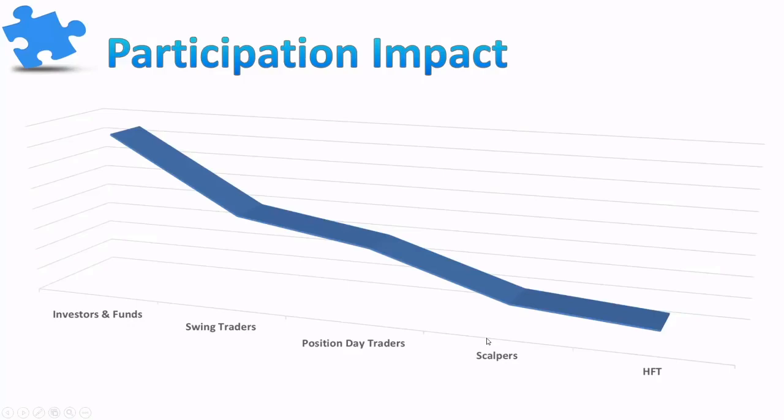So I'm going to simplify this a little, because we could really talk for hours discussing the nuances, but we'd still come to the same conclusion, which is that the higher the trading frequency, which is the more frequent the trader, the lower the impact on the market, okay? And this is important because the participation in the market changes day to day.